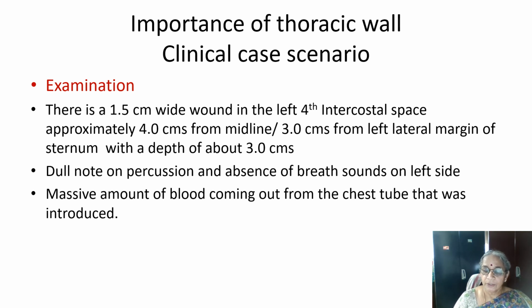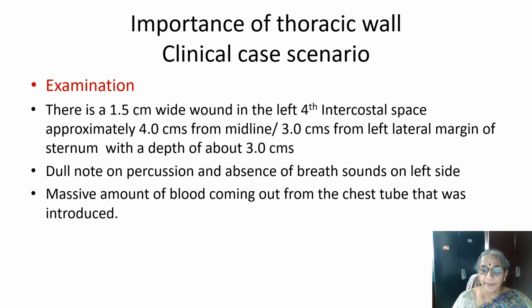On examination, it was found that there is a 1.5 centimeters wide wound in the left fourth intercostal space, approximately 4 centimeters from midline or 3 centimeters from the left lateral margin of the sternum, with a depth of about 3 centimeters.